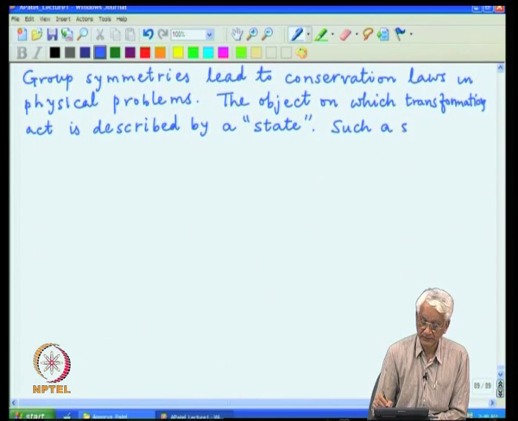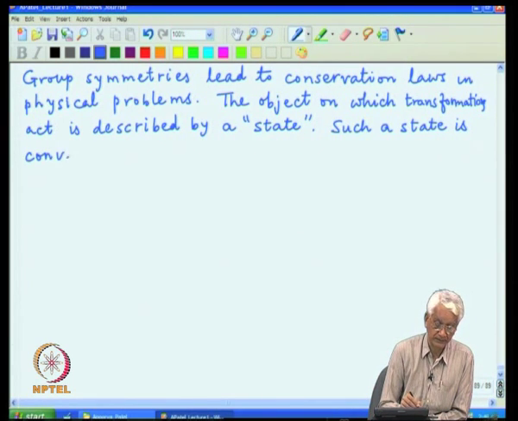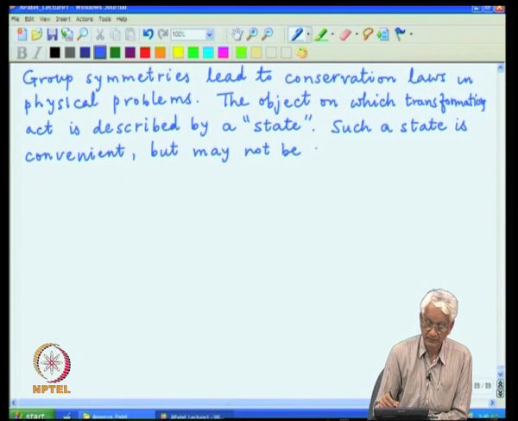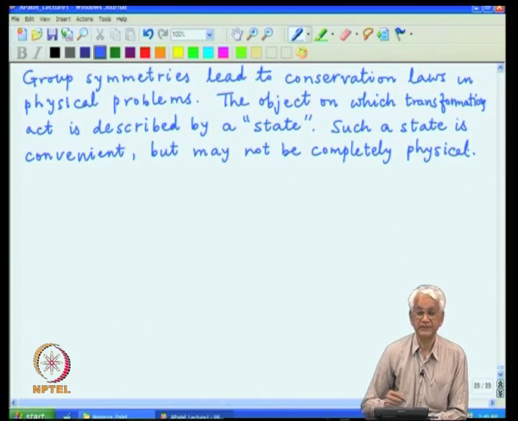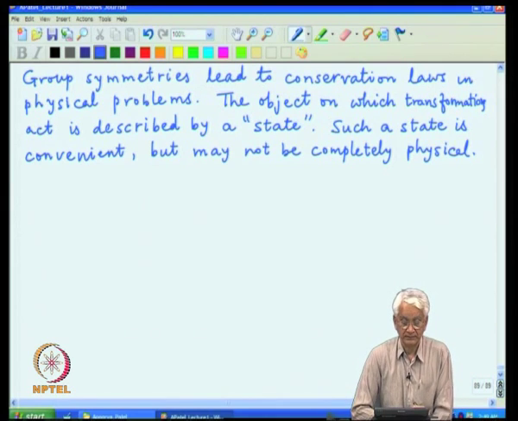Such a state is convenient for understanding what is going on, but it may not be completely physical in the sense that one can observe the state in all its generality.